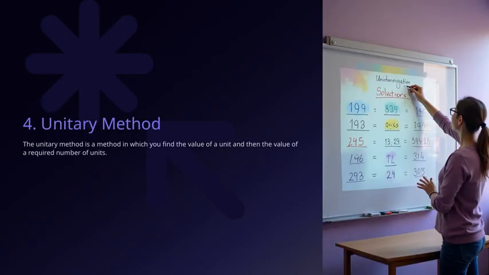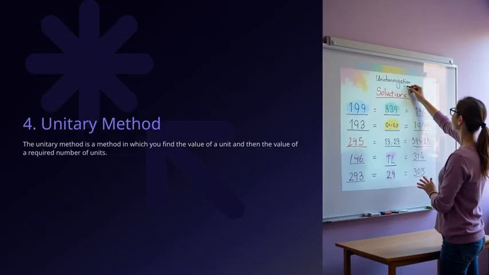Let's take a closer look at the unitary method. This method is all about finding the value of a single unit first, and then using that to determine the value of the required number of units. Essentially, it helps us simplify complex problems by breaking them down into manageable parts. The key idea here is to determine the cost or value of just one unit, whether it's price, distance, or any other measure.